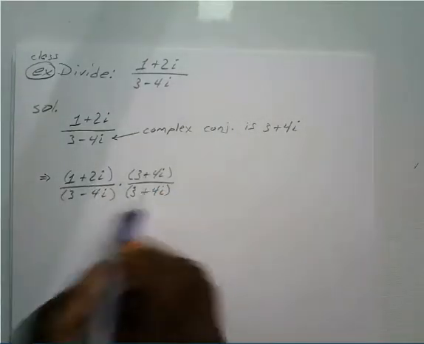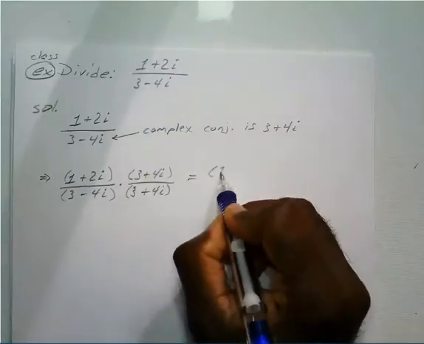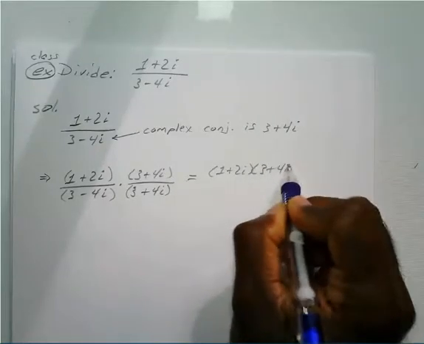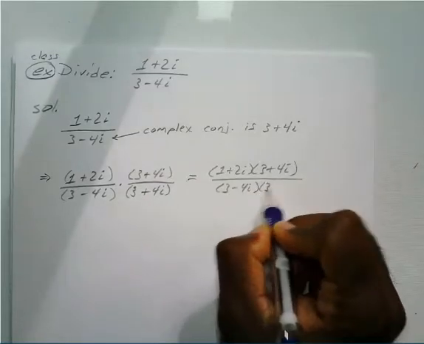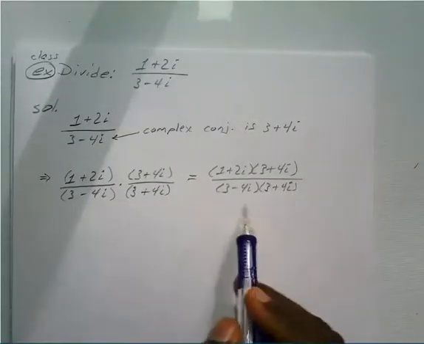If you want to, you can put those over the same fraction. So 1 plus 2i times 3 plus 4i over 3 minus 4i times 3 plus 4i.